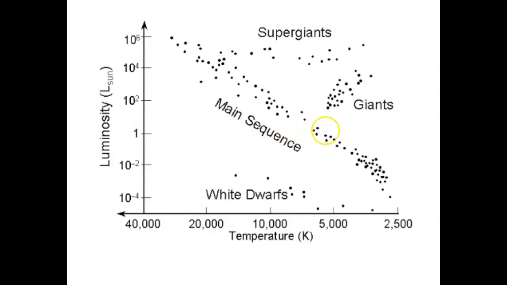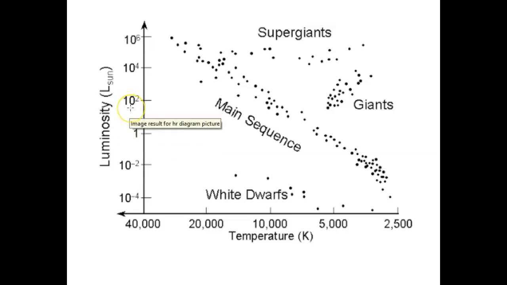Mr. Sun's luminosity is a 1 or a 10 to the 0 power. We use our sun as a reference point. The luminosities are the actual brightness of stars, so the luminosity they actually have regardless of how far away from the Earth they are.